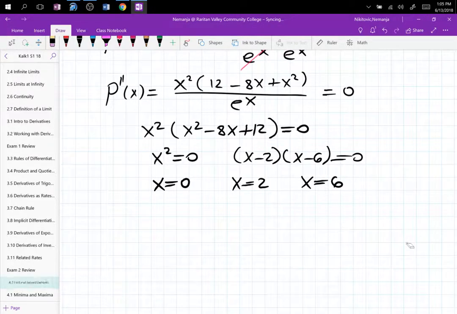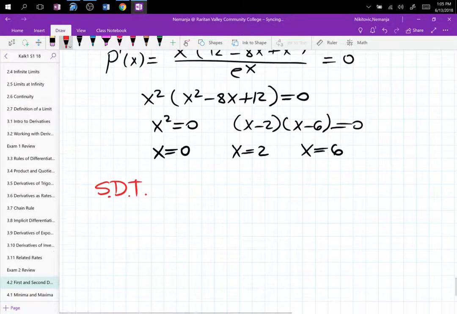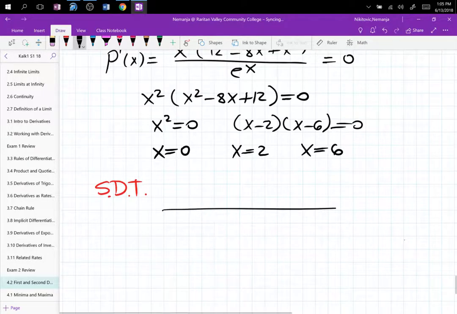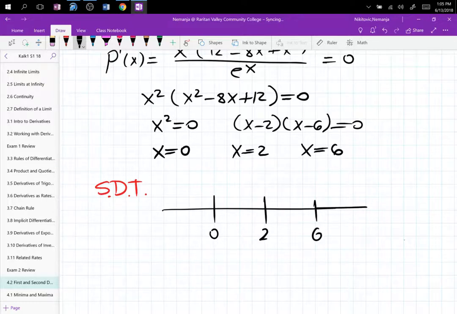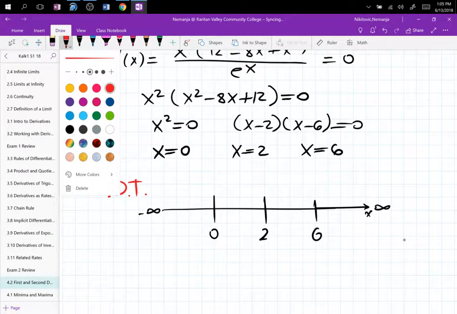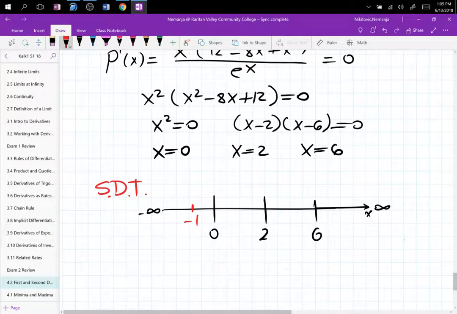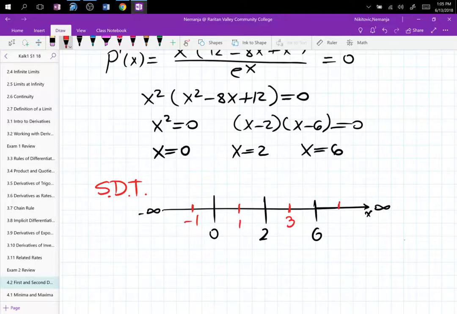Second derivative test. Let's go. Partitions: 0, 2, 6. Test points: -1, 1, 3, and 10.